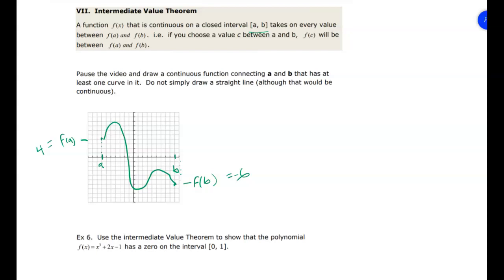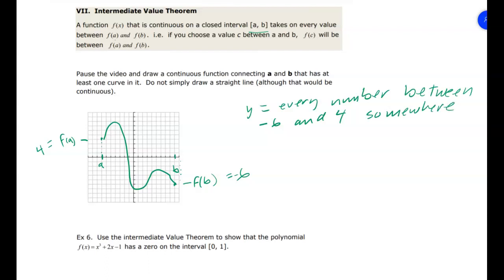So what this says is that there will be y equals every number between, and this is every real number, not just every integer, -6 and 4 somewhere on this graph between x equals a and x equals b.